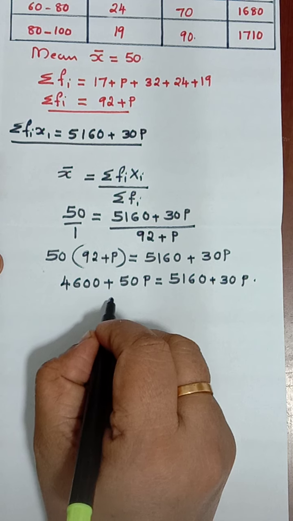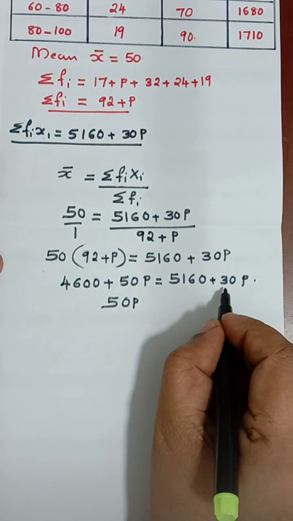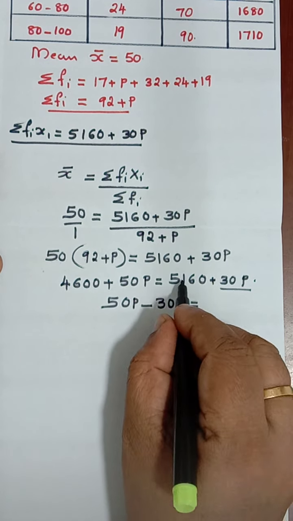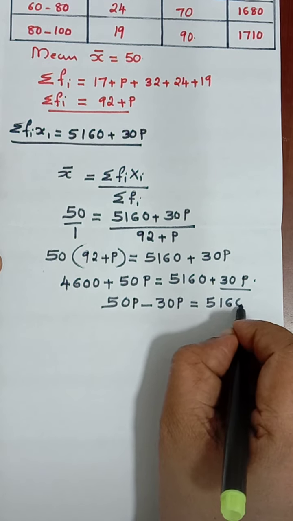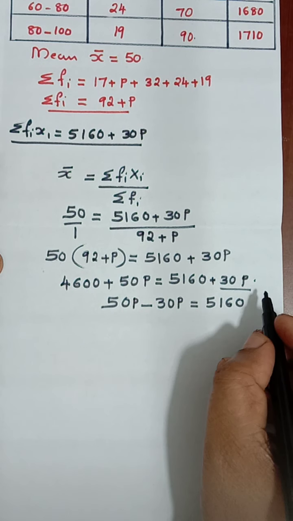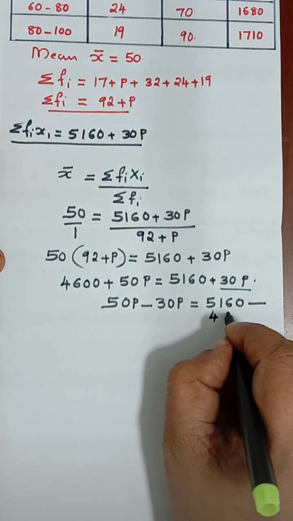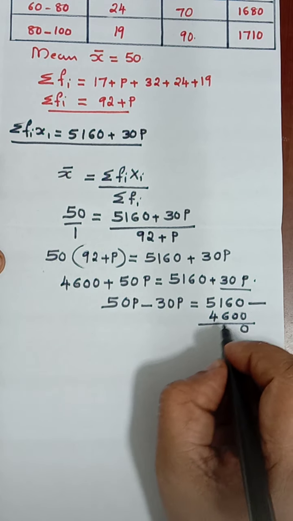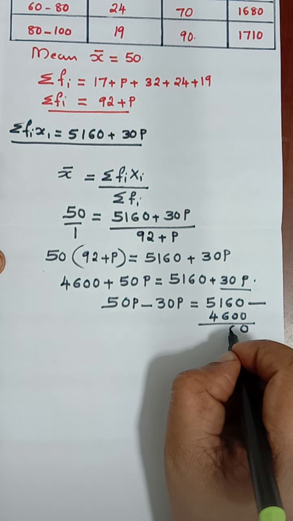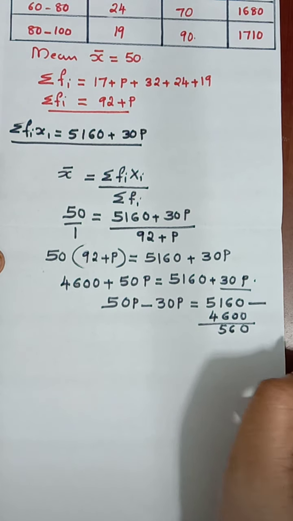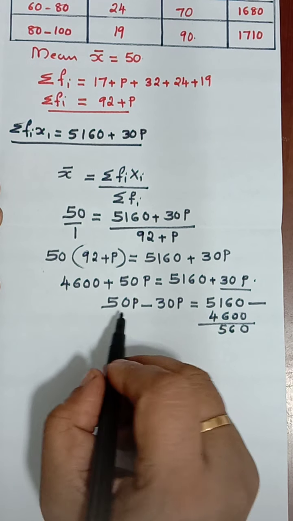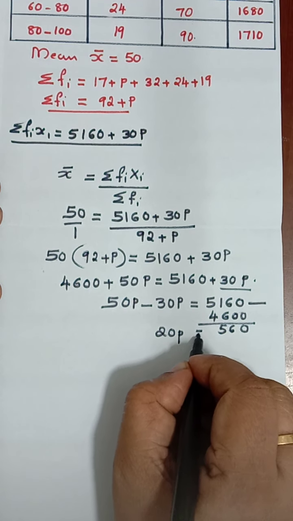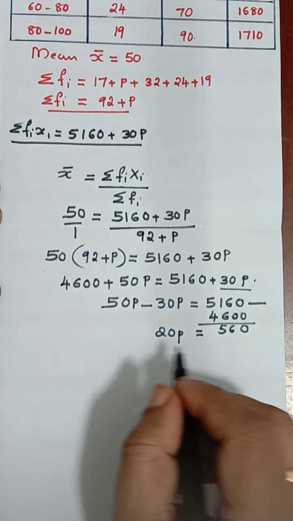Now here we have 50P plus 30P; transfer to the other side, minus 30P, equal to 5160 minus 4600. You have to subtract. What do we get when you subtract? Isn't it 560? Okay, 560 you are getting. 50P minus 30P is 20P. 20P is equal to 560.